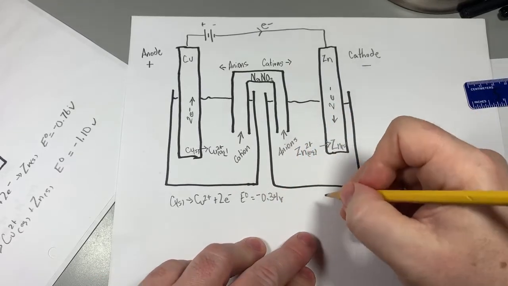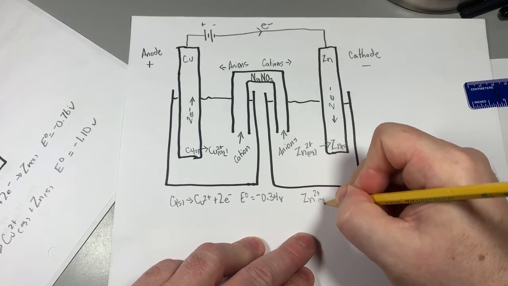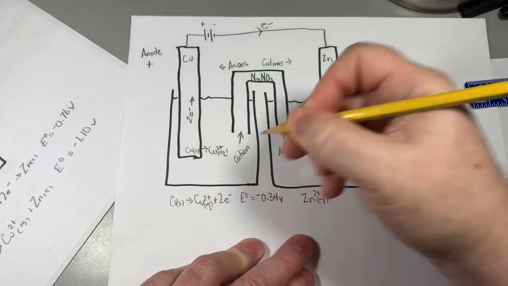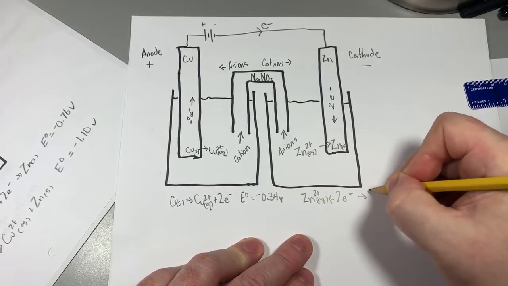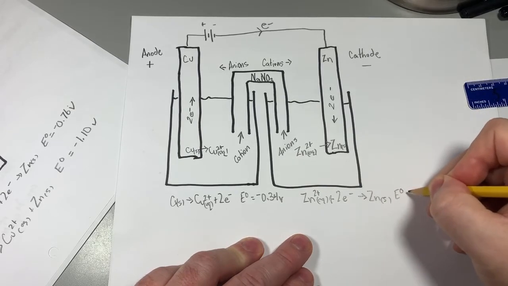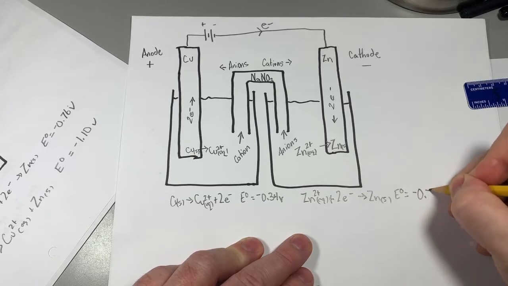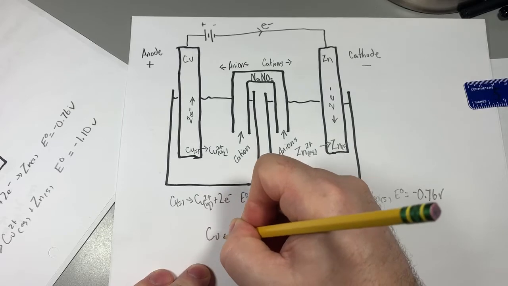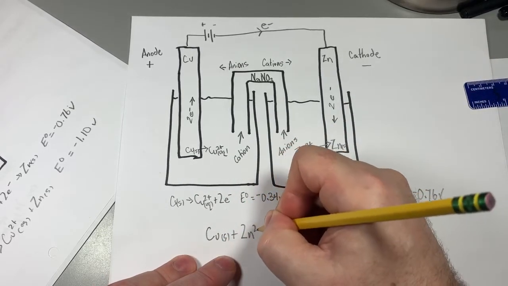And at the cathode, we have Zn2+ plus 2 electrons make Zn. E naught is negative 0.76 volts.